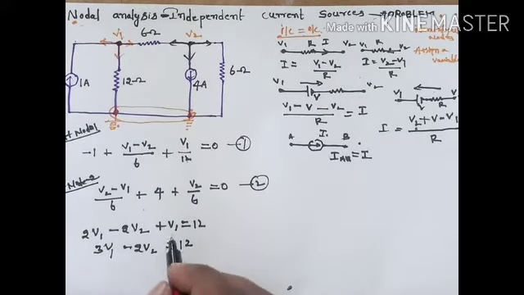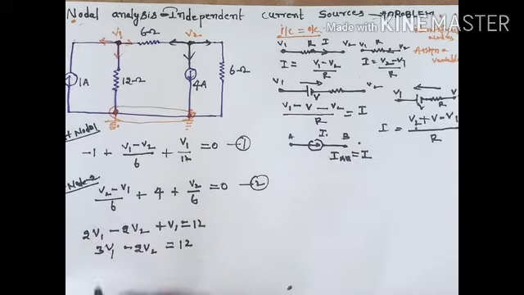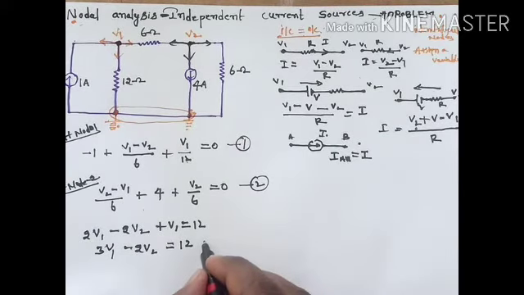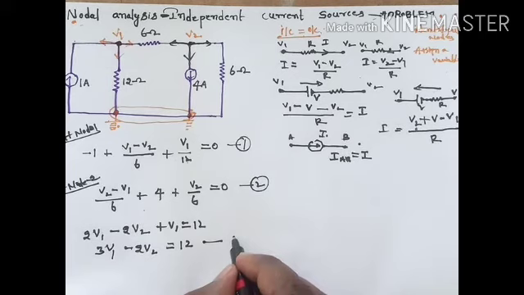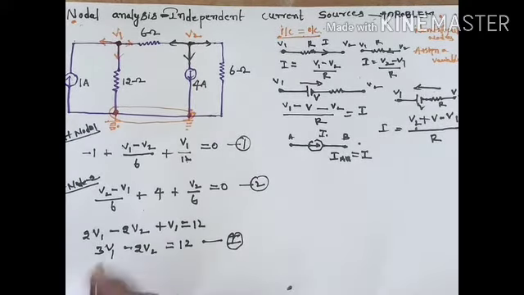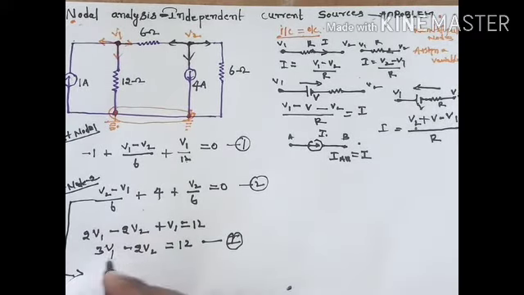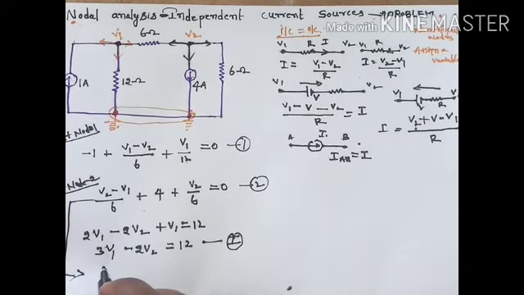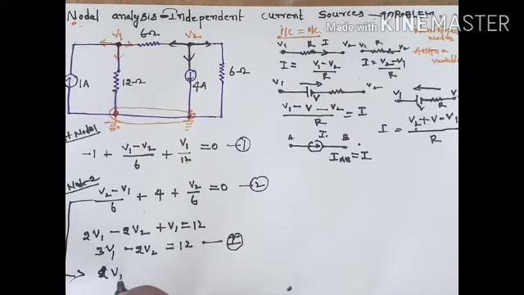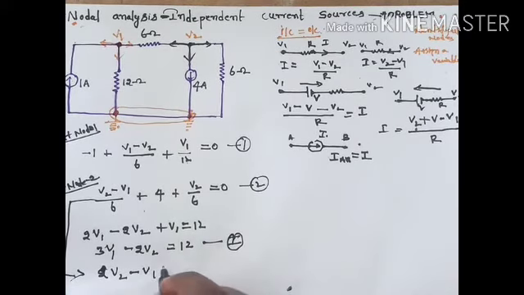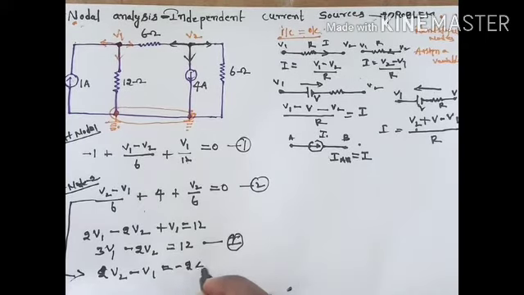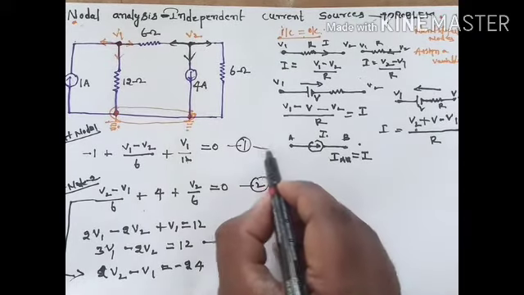isn't it? Let us consider this as equation number 1. So now, just simplify the second equation, and directly here I am writing that 2V2 minus V1 is equal to minus 24, right?